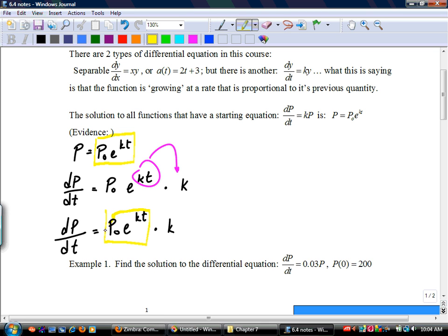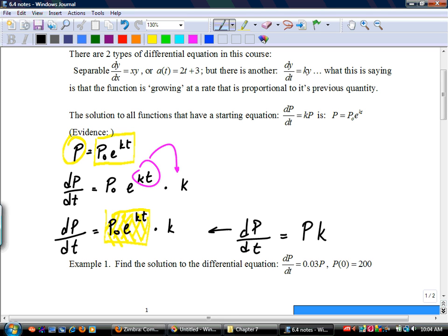So you could take out the stuff in this yellow box and replace it with just P. So dP/dt equals P times k.